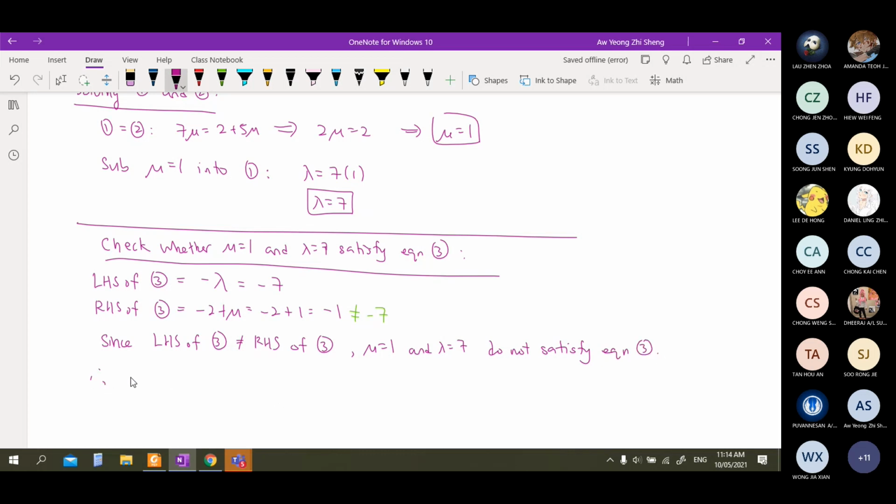Okay, therefore, the system of equations 1, 2, and 3 is inconsistent.